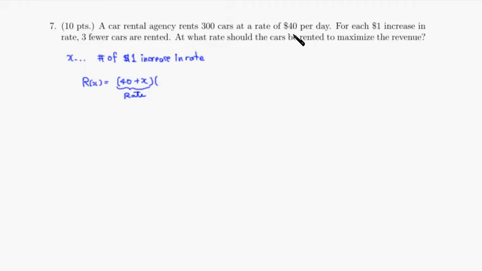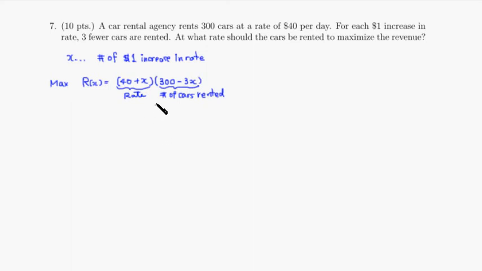At the regular rate, it's 300 cars, but you're going to have 3 fewer cars for each dollar increase, so it's a negative 3x. So this is the number of cars rented. That's the revenue function, and we want to maximize this function.